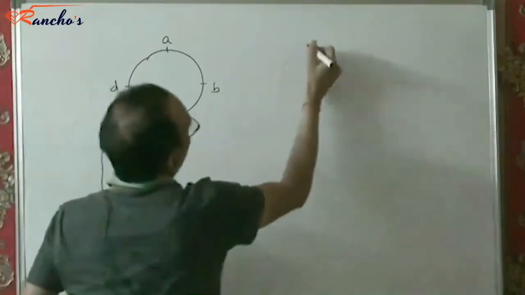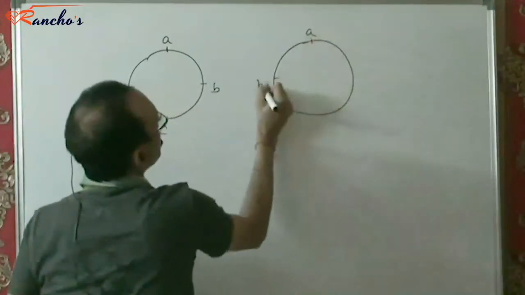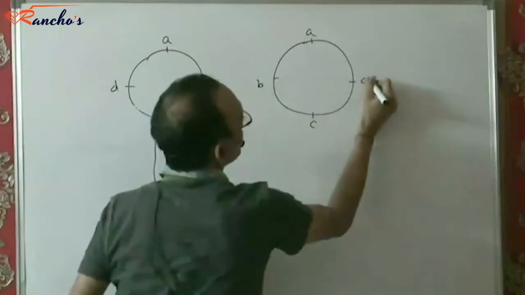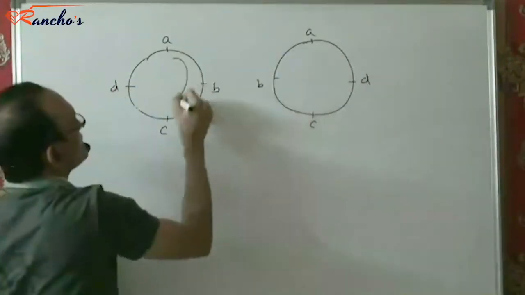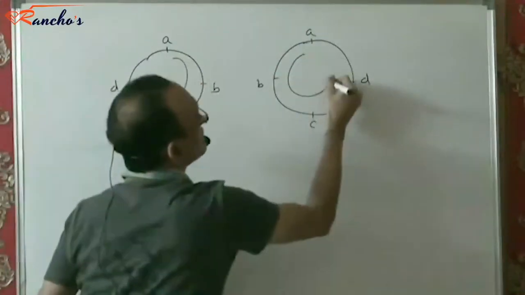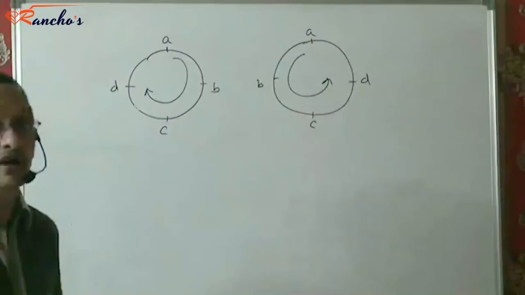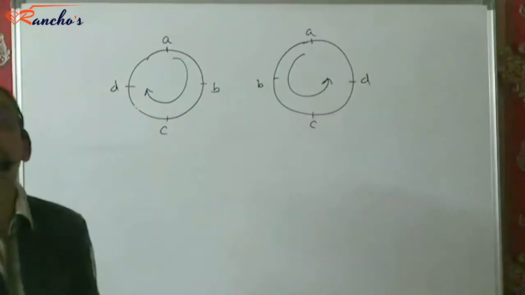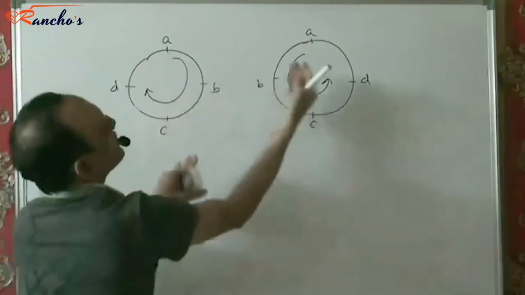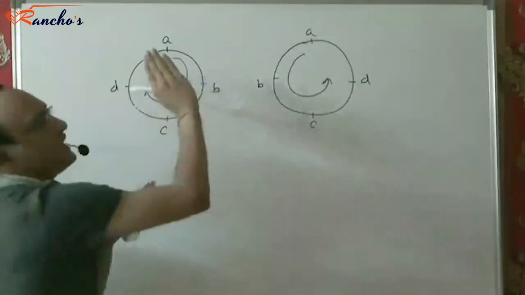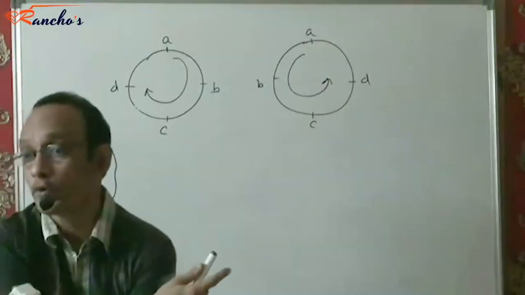And another way could have been A, B, C, D the other way around. This is A, B, C, D clockwise. This is A, B, C, D anti-clockwise, right? But do you realize that they are really the same? In the case of a garland, they are really the same, because if I flip this 180 degrees, I get this, or I flip this 180 degrees and I get this. You could always flip a garland 180 degrees, yes or no, right?